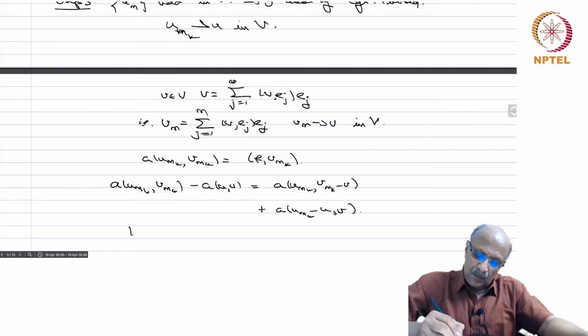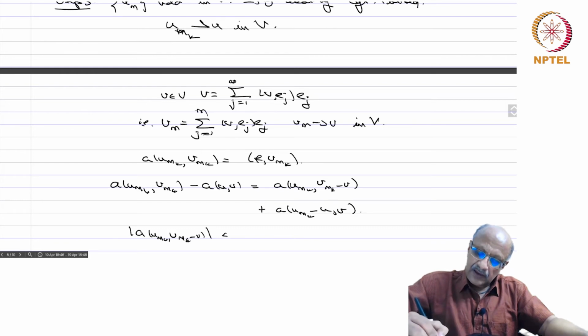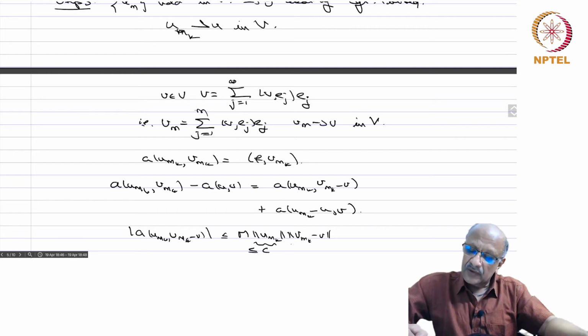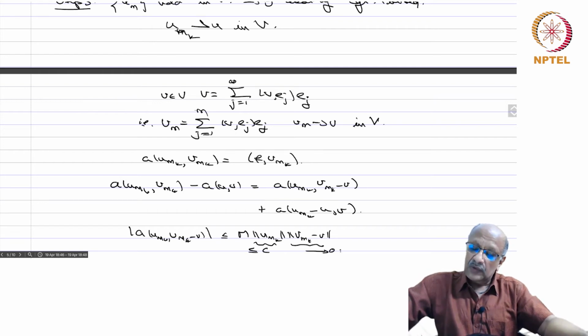Now the first term, mod A of u_mk, V_mk minus V, is less than some M times norm u_mk times norm V_mk minus V. Now this is bounded because it is a weakly convergent subsequence, and this goes to 0 as we know, and therefore this goes to 0.